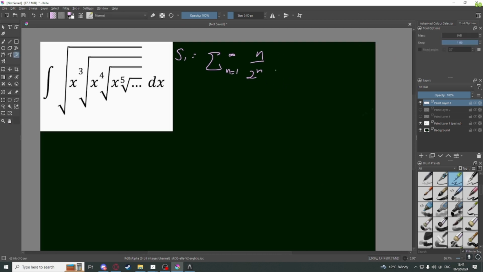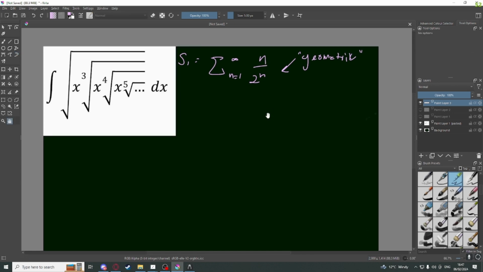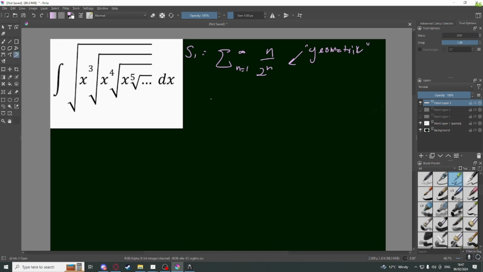Okay, so we can see that it kind of looks like a geometric series. The only thing that is different is that I also have an n on the numerator, making the terms that I'm adding up slightly different.